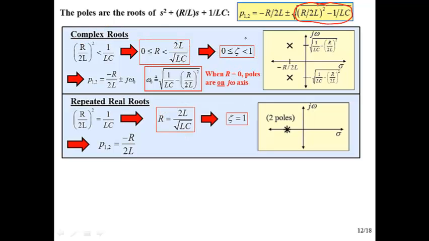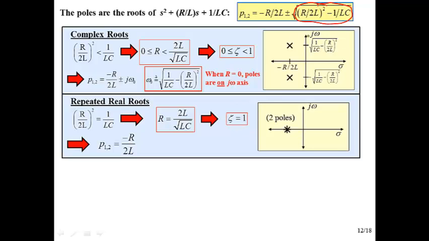So in this circuit, you can think of R as the damping factor, or the damping mechanism. Setting R too low, you have what's called low damping. Setting R really high, you have what's called over damping. And when R is set so that zeta is equal to 1, that's called critical damping.